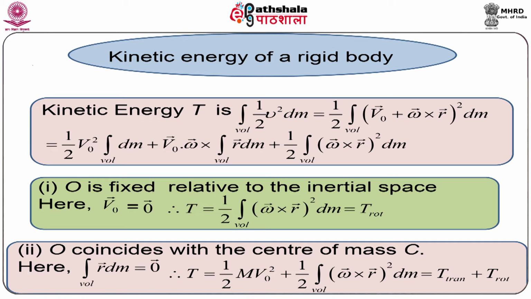Now, let us discuss the kinetic energy of a rigid body. Kinetic energy T can be defined as half mv square. If we consider the mass density of the rigid body, then this can be written as this integration over volume half v square dm. Putting the value of small v in terms of this, we can write the right hand side in this way.